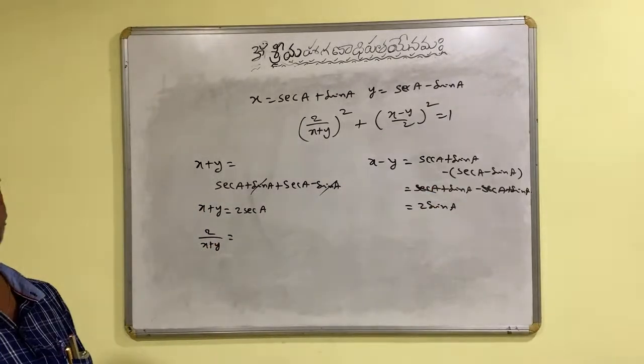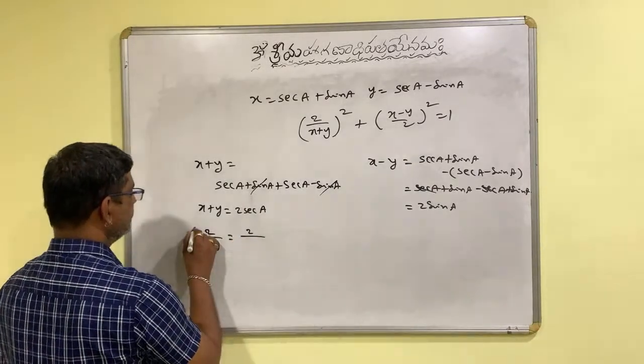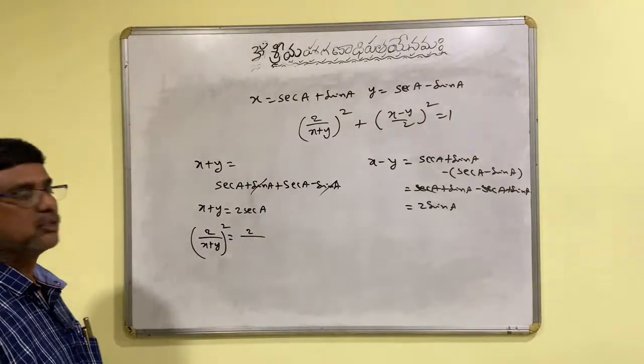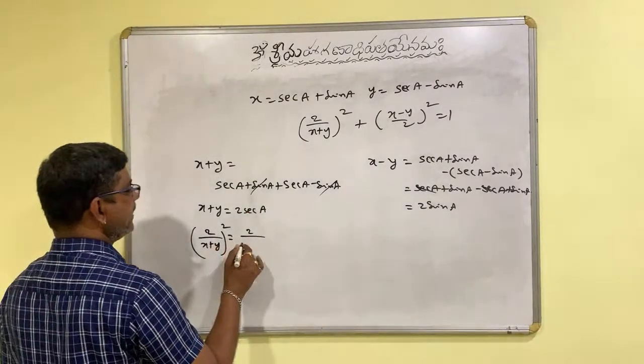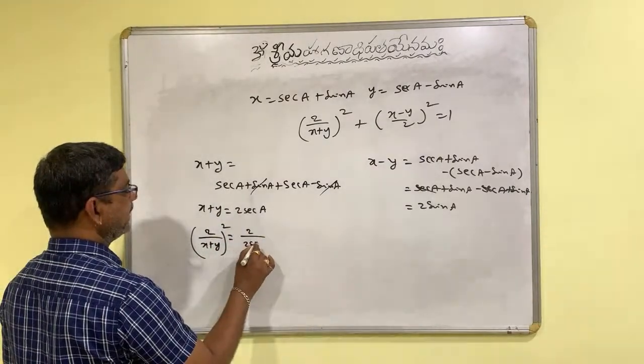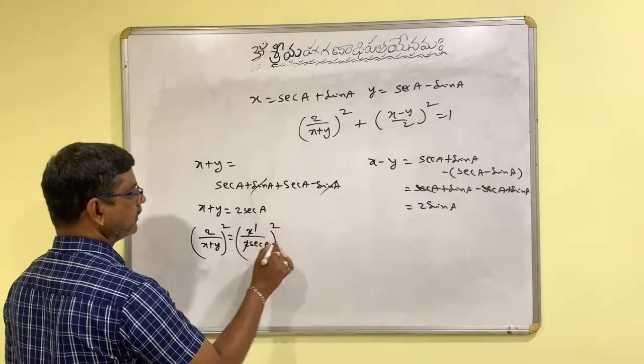See here, 2 by x plus y whole square is asking. So 2 by, what is x plus y? 2 secant A. So these two get cancelled, whole square.